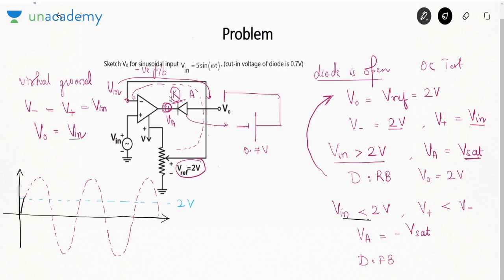So at less than 2 volt you are at Vin. Output follows the input. But at greater than 2 volt, output is 2 volt. Like this. So what is it working as? It is working as a positive clipper. That means I have realized the clipper circuit with the help of OPAMP and a diode.